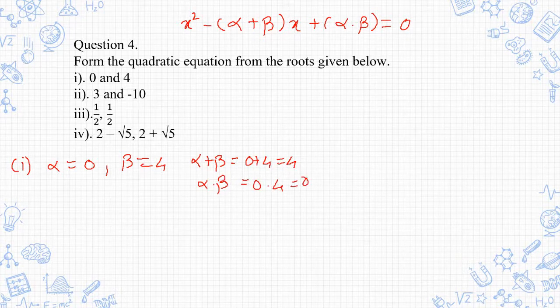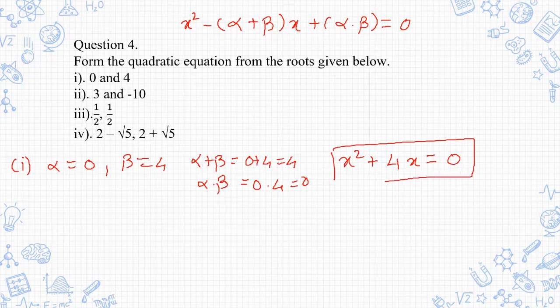Now if we use the above formula, this will be x squared plus alpha plus beta, that is 4x, and alpha into beta is 0, so it's okay if you do not write it. So the quadratic equation that will be formed by these two roots will be x squared plus 4x equal to 0.